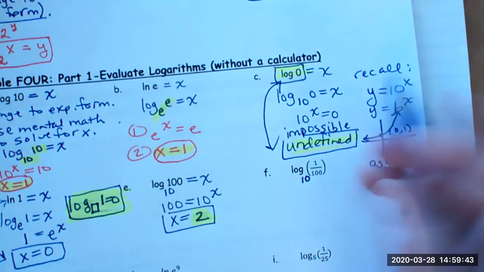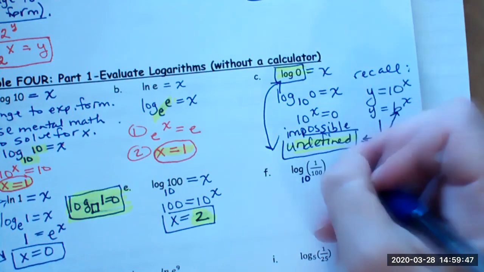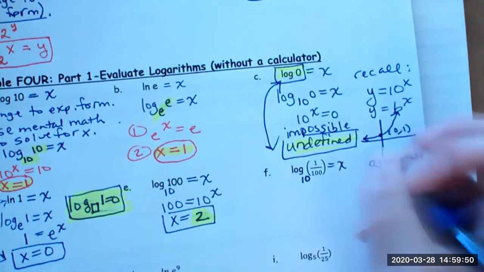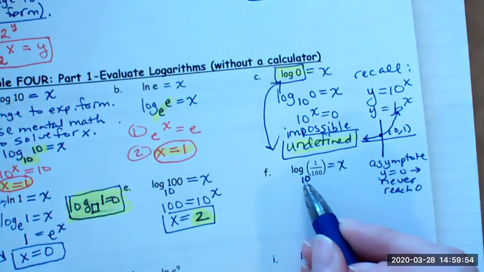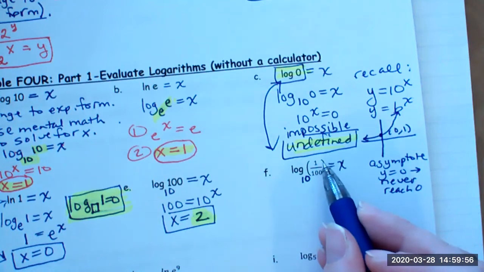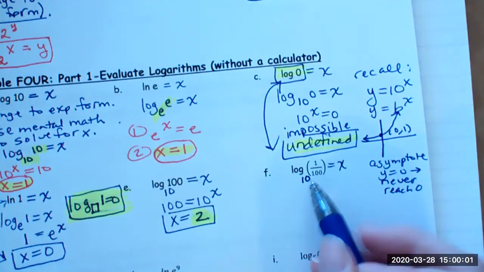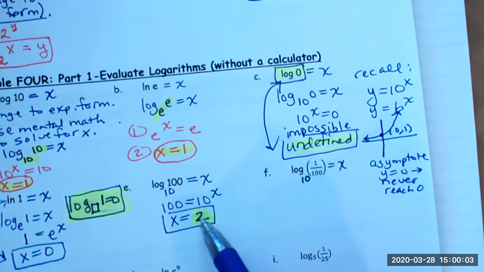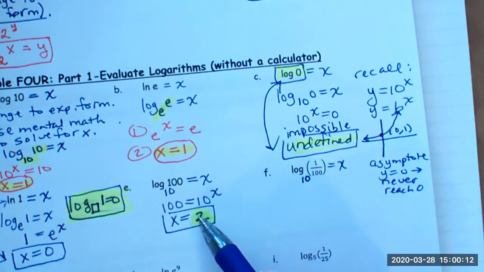You can imagine that 10 to the x is equal to 1 over 100. We know that 10 squared is 100. So think to yourself, what would be the answer here? If the answer here was 2, what's the answer here?